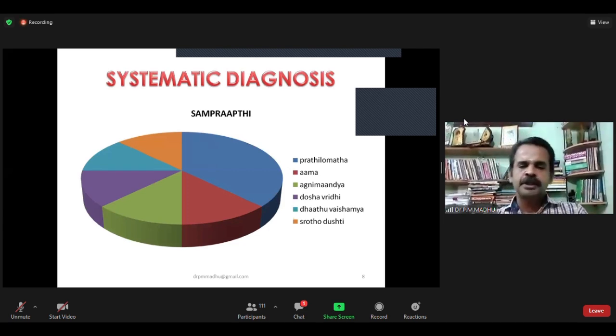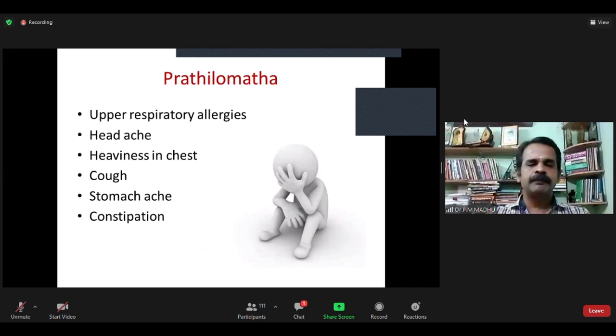Pratilomata means the Viloma Gati of Vayu from the level of Koshta to the Shakha. So the Pratiloma Gati can be identified by particular features. You see, Pratilomata is not only gastric belching or constipation.